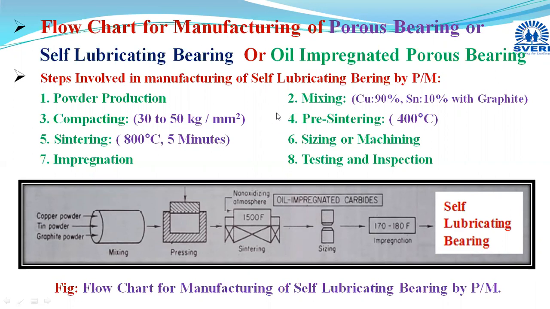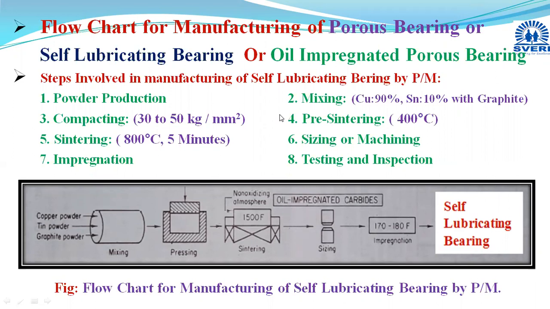Then the next point: how will it actually work during its use? Suppose there is one rotating shaft, and suppose the bearing is there. When that shaft starts rotating at high speed, there is friction between that shaft and bearing, and some amount of heat is generated due to the friction.